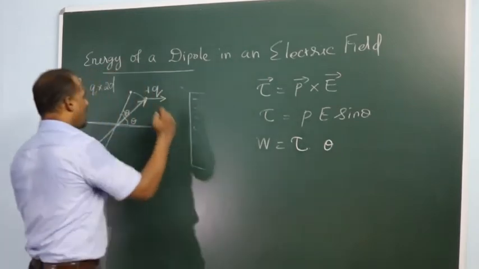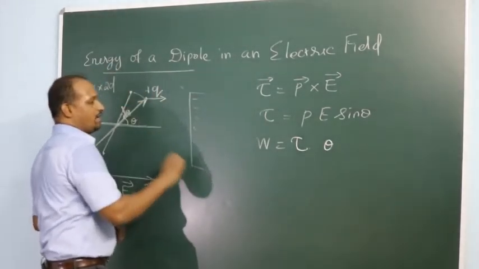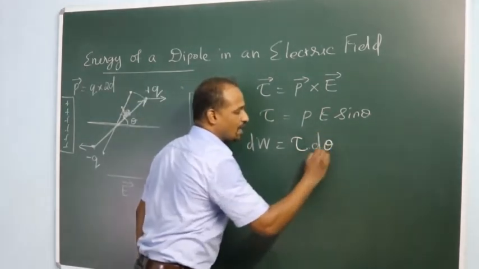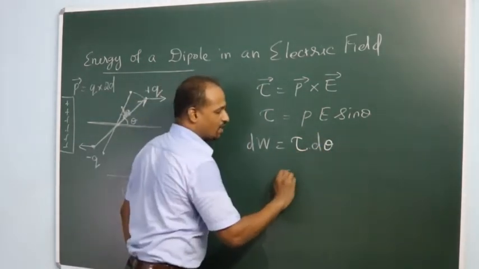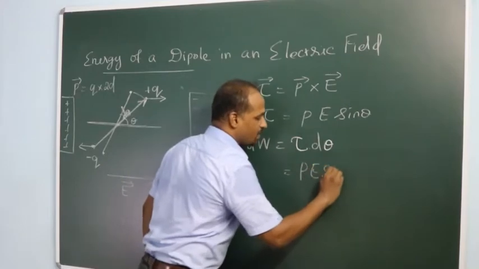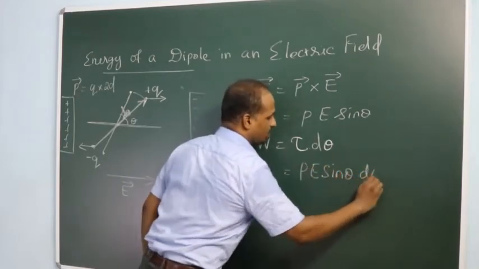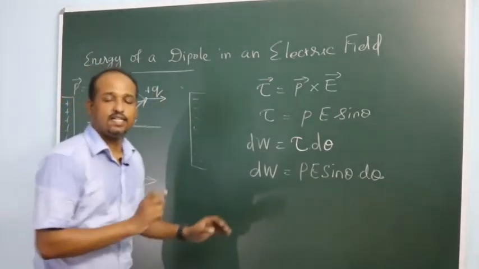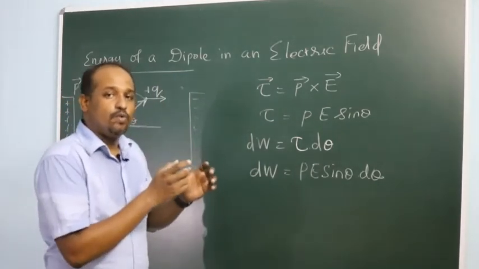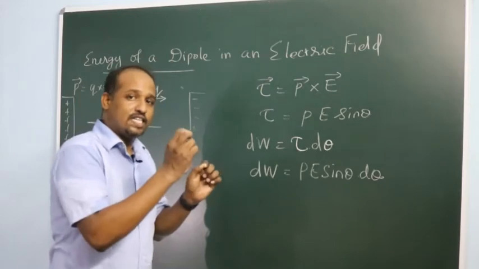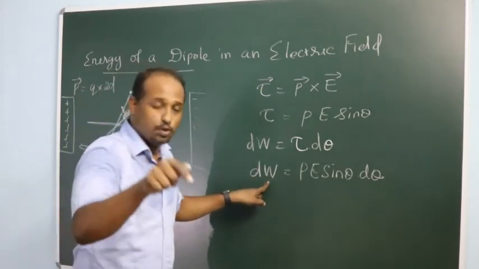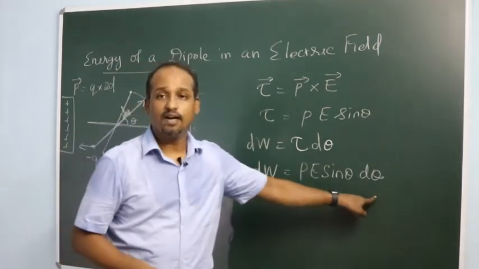So through a small angle d theta, the small work done dW is PE sin theta d theta. This means that to rotate through a small angle d theta against the electric field, the work you do is PE sin theta d theta.